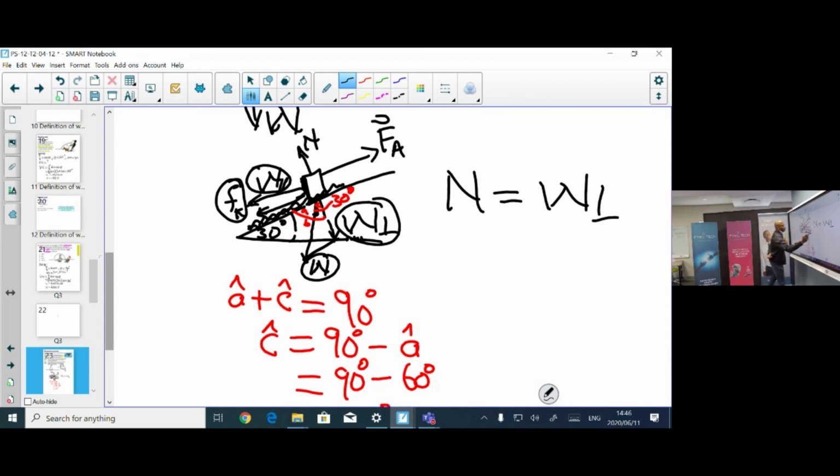In other words, we are going to have a total downward force, which is equal to W parallel plus kinetic friction. Don't forget, kinetic friction is a small letter k subscript. Okay, that is downward. If you just look at this, we have two.